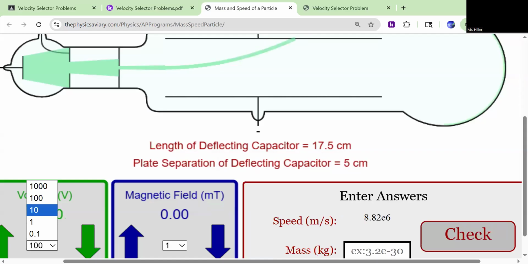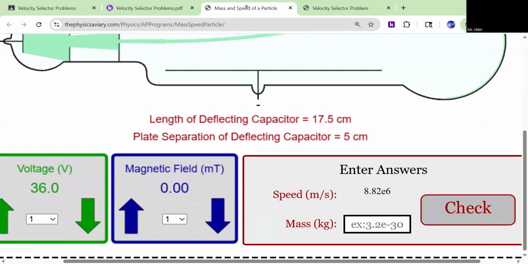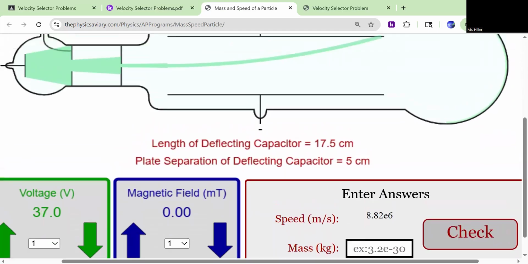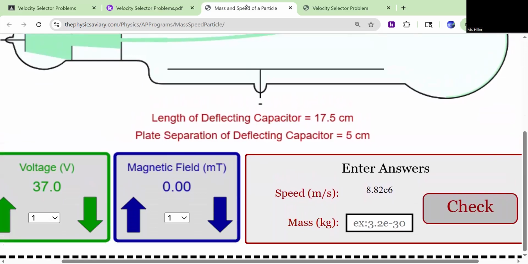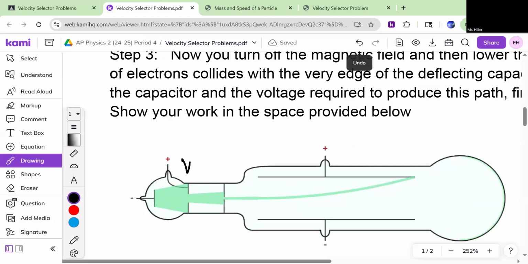So 100, maybe 10, 41. You can see at 36 volts, it goes right over the edge of the capacitor. If I up it to 37, it stops right at the edge. So 37 volts is what will make this happen.